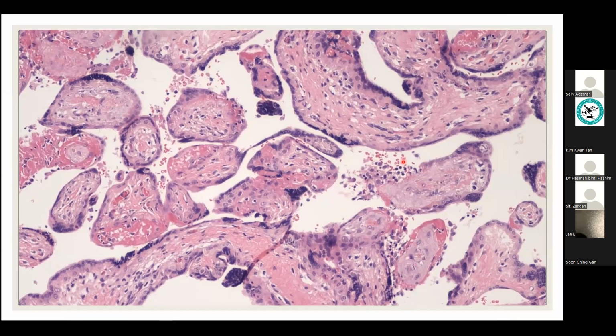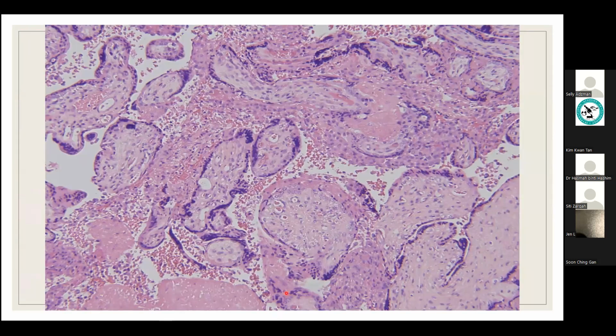So this is at 16 weeks. Basically, we see these histiocytes at the intervillous space. This is actually very mild and very patchy, but it can be as severe as this as well, with very intense macrophages surrounding the villi.